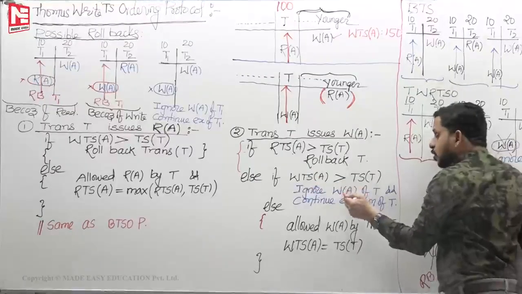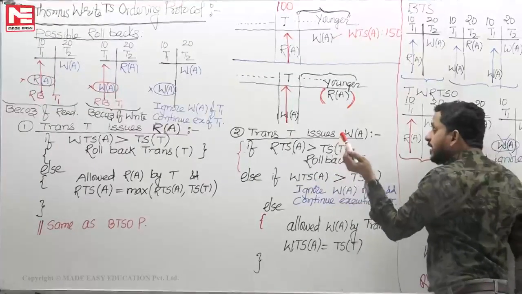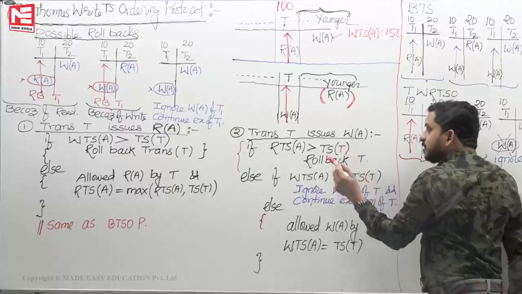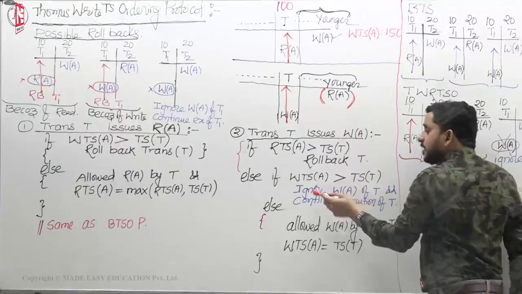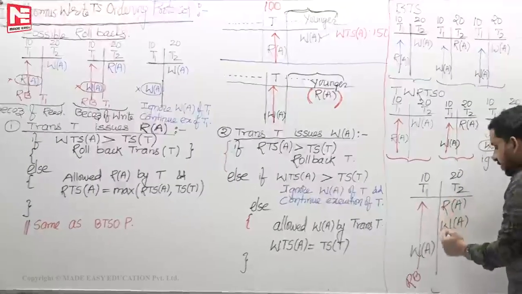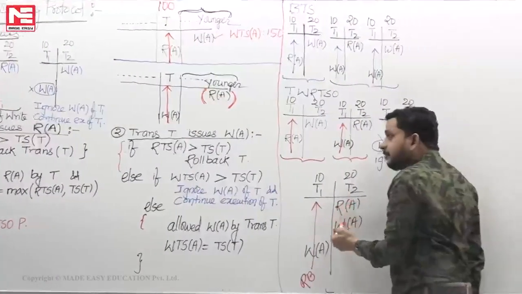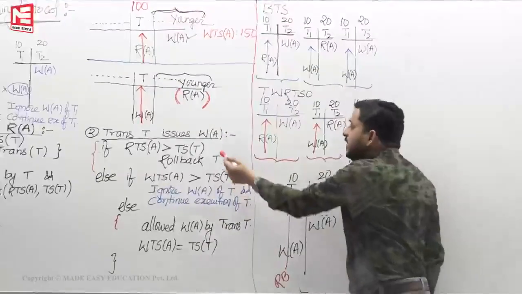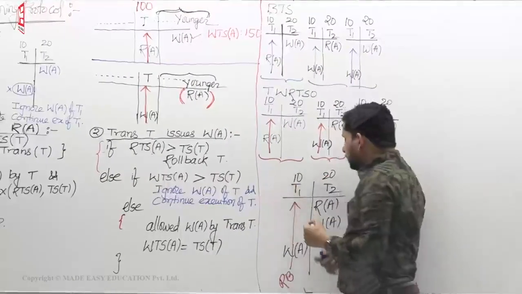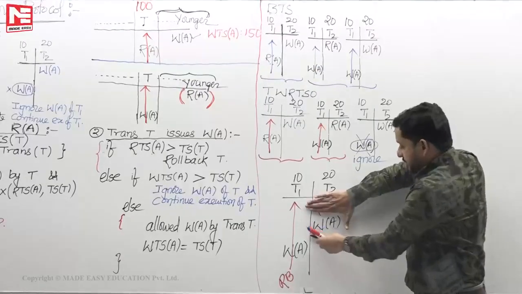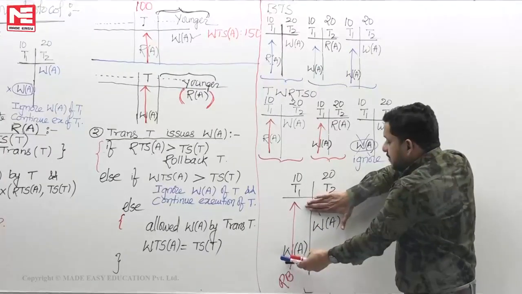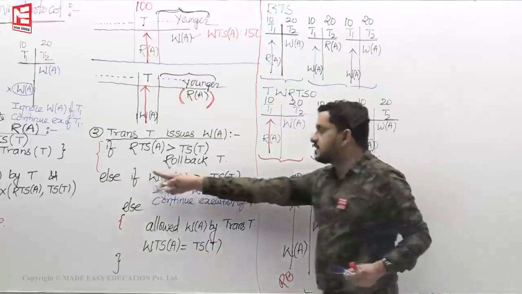But to ignore this, it is not like only T2 did the write. If T2 did read and write, it falls under the first case, then it is rollback only. If the younger did not do the read, only did the write, then the older requesting for write comes under this case.